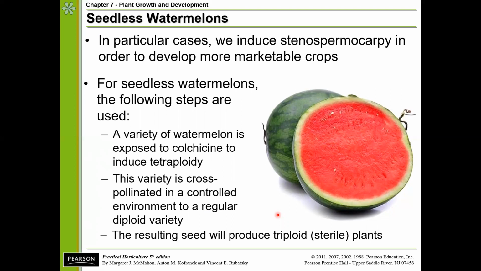So with watermelons, it's really a fascinating process, and kind of amazes me that someone was able to figure this out. They will take a variety of watermelon and they'll use this chemical colchicine, which comes from the crocus flower, and that causes that plant to have this phenomenon of tetraploidy, where it has extra sets of chromosomes.